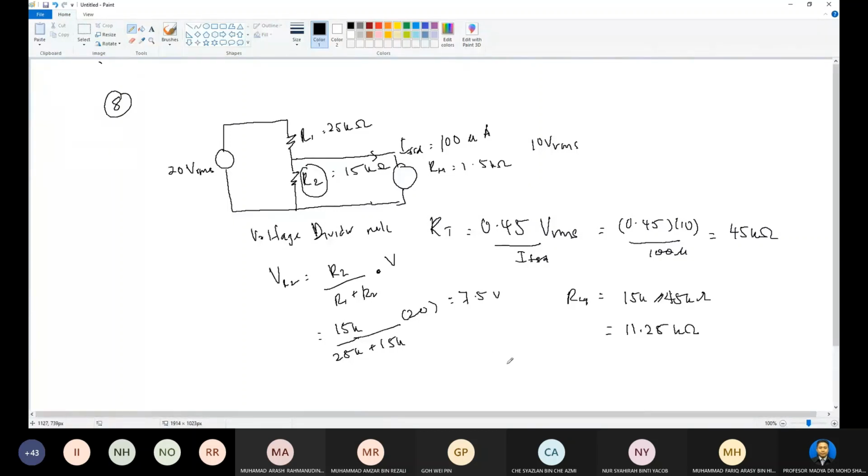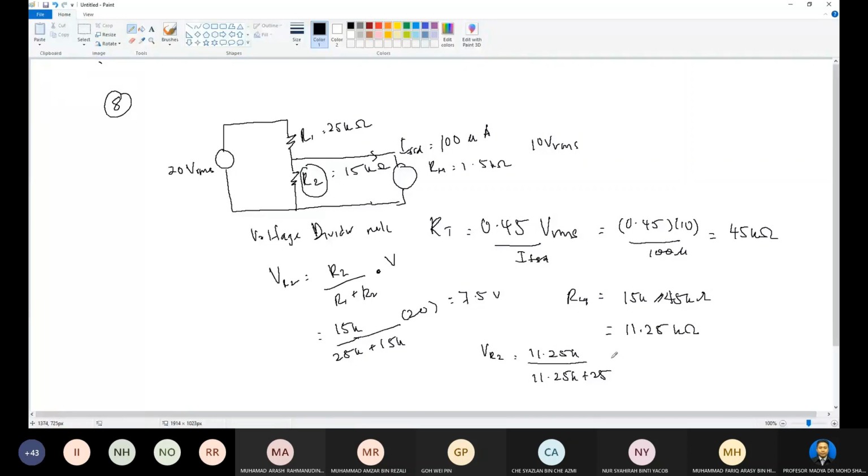After you get the equivalent resistance here, you can use the same voltage divider rule for VR2. Similar, but the resistance will be different: 11.25k over 11.25k plus 35k, multiplied by 20.